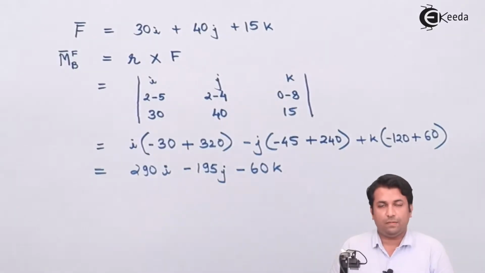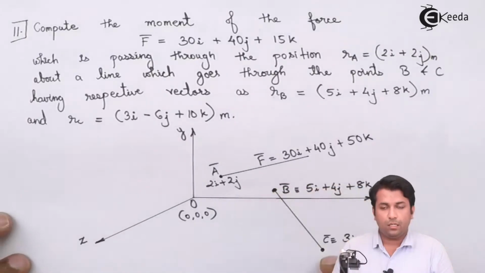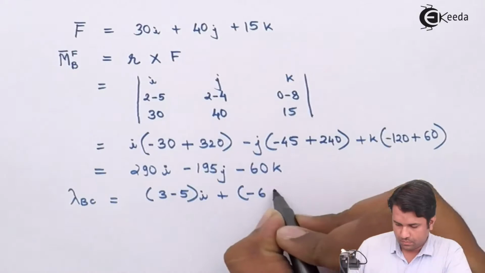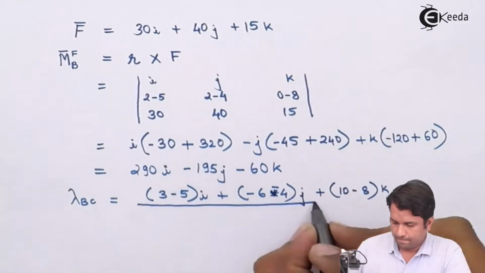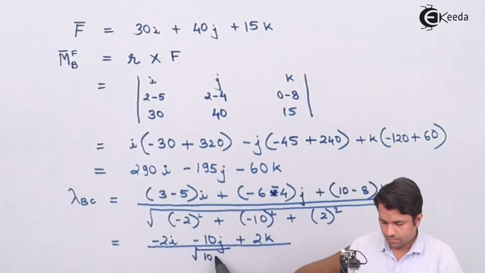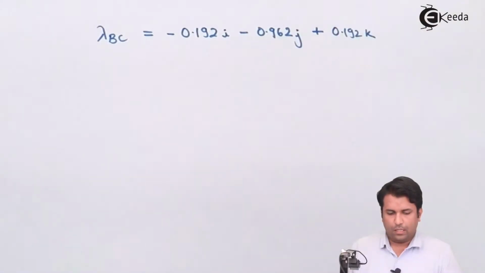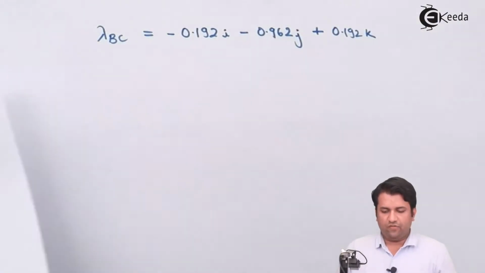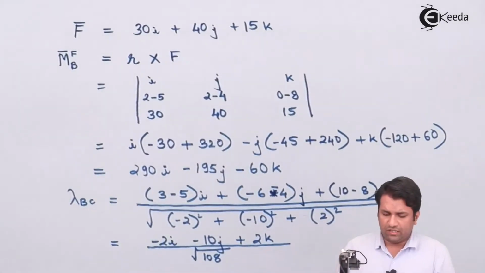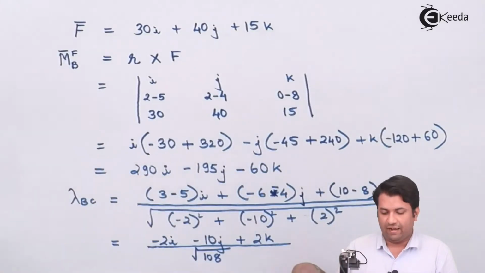Now the next step will be to find out the unit vector of BC. Now once we have got the unit vector BC, we need to just find out the magnitude of the moment that we have.